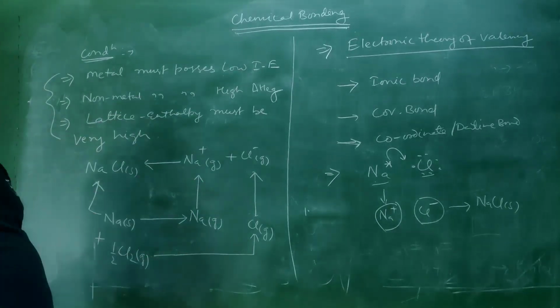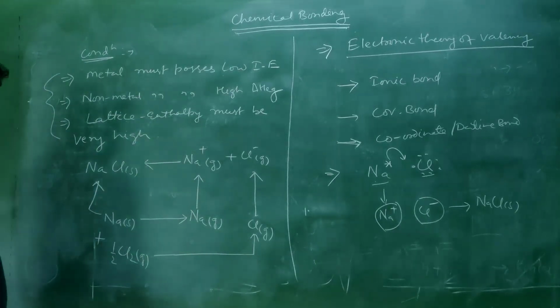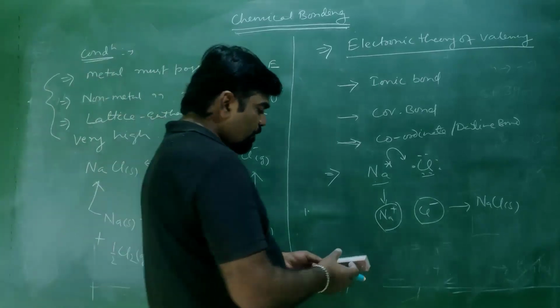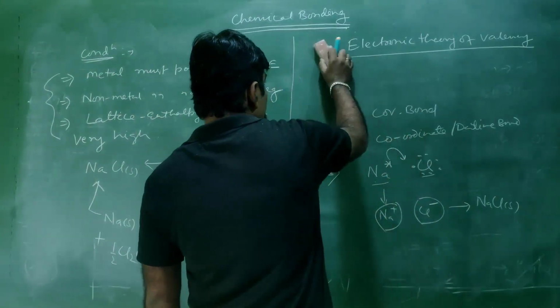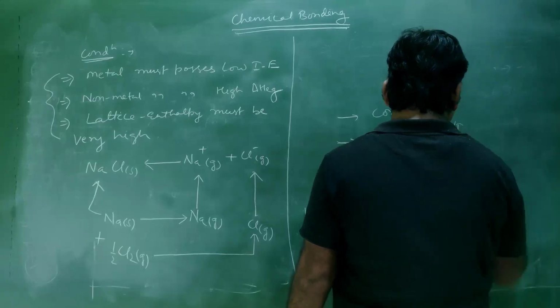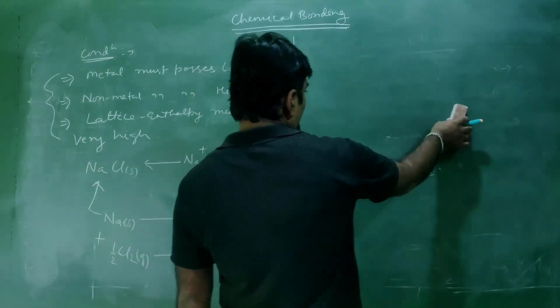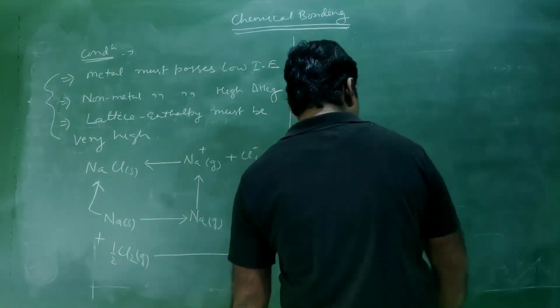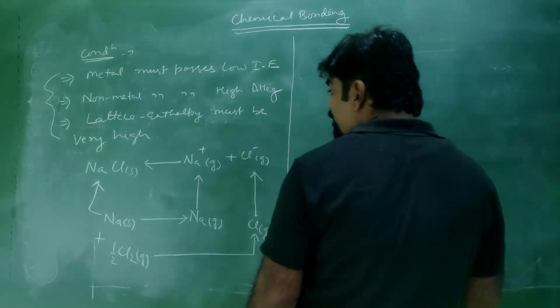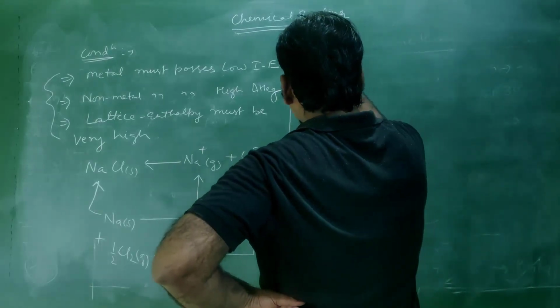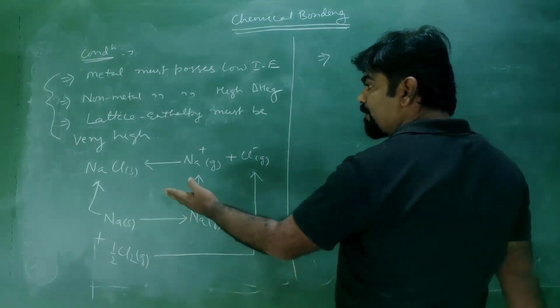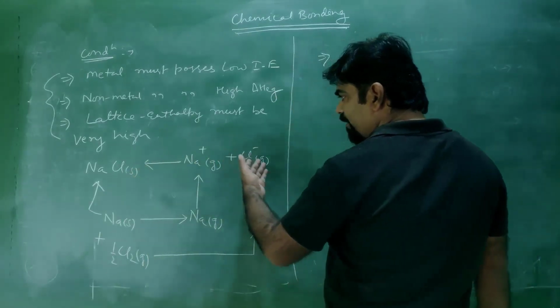For the formation of ionic bond, there are two different ways, two different theories, which explain it. One is the Born-Haber cycle, the other is the Born-Lande equation. The Born-Haber cycle states that ionic bond must be formed through a cycle.